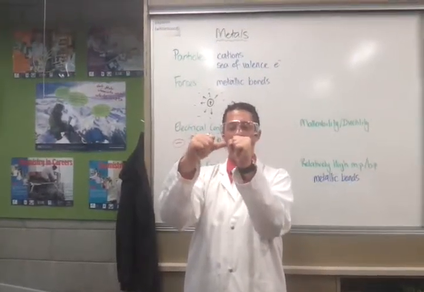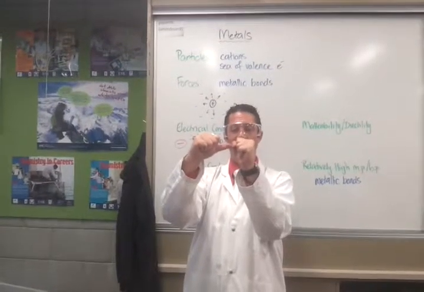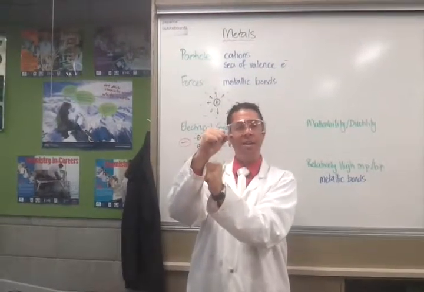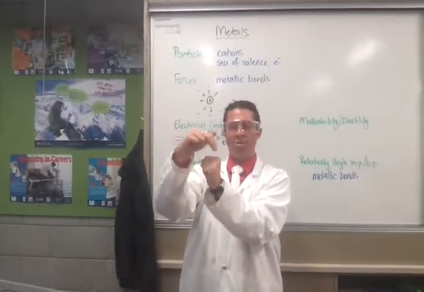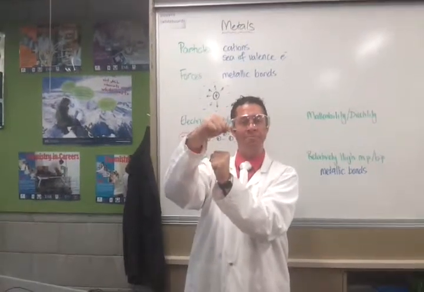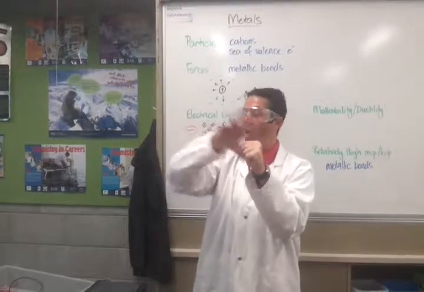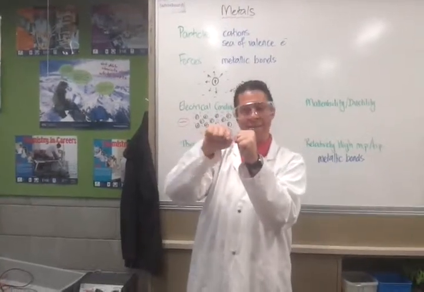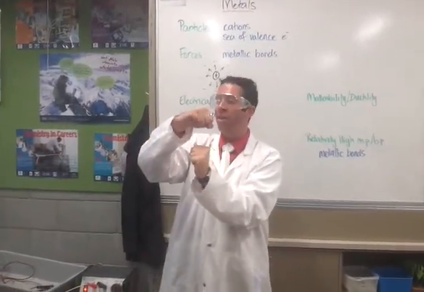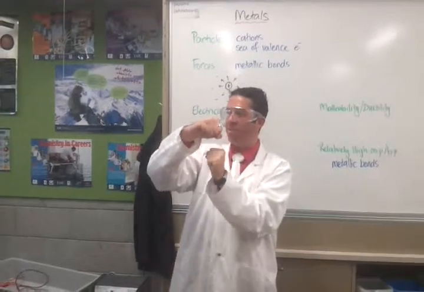To do so, I have to break the bonds in between them just for a while, but then they can immediately create new metallic bonds with the electrons in between them here. So it doesn't actually have to break the overall structure. It just breaks a couple of the bonds within the structure for just a moment.